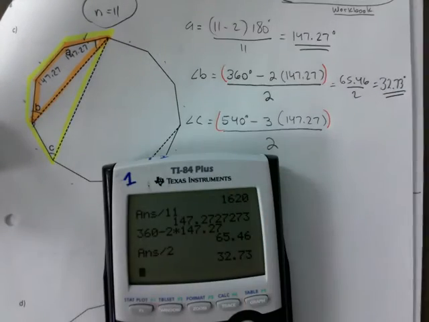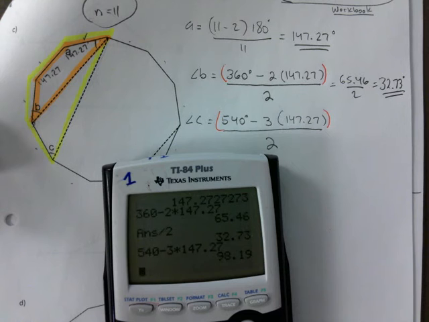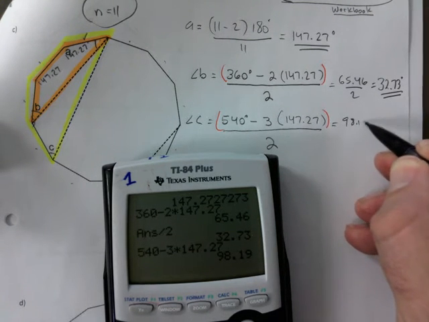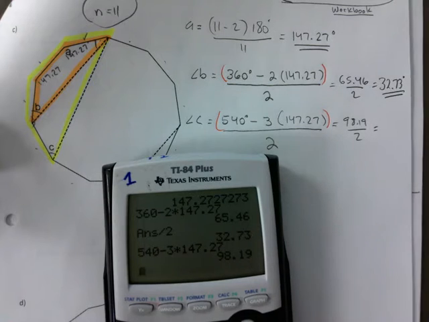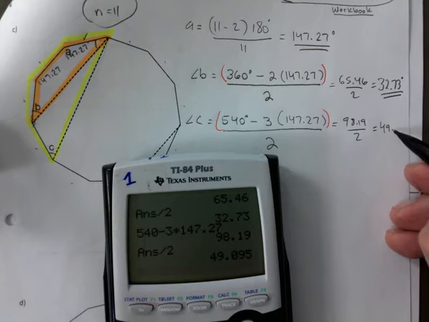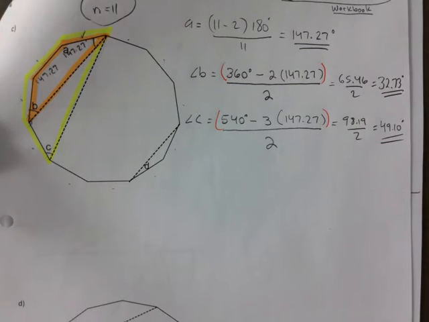So it's 540 minus 3 times 147.27, that's 98.19, and divided by 2 is 49.10. Is that what it says for C? Okay, we're good.